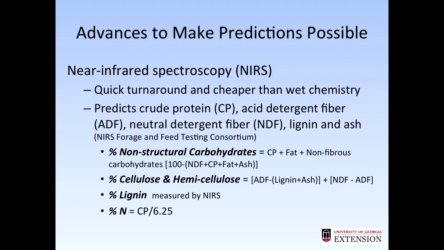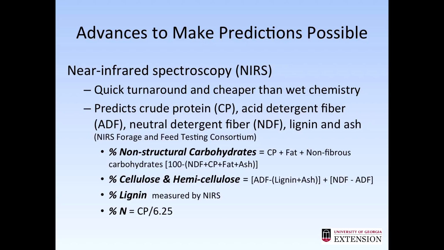So what makes this possible is that what we've been able to do for cover crops is tap into the forage and feed consortium testing, and they have tens of thousands of data points where they have correlated NIRS reflectance to crude protein. It's the stuff they need for forage quality prediction: crude protein, acid detergent fiber, neutral detergent fiber, lignin, and ash.